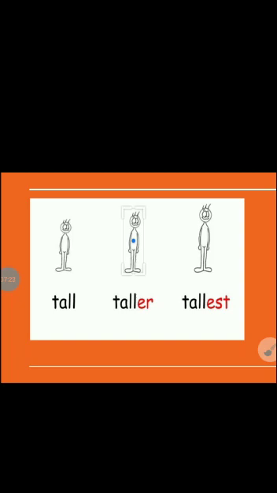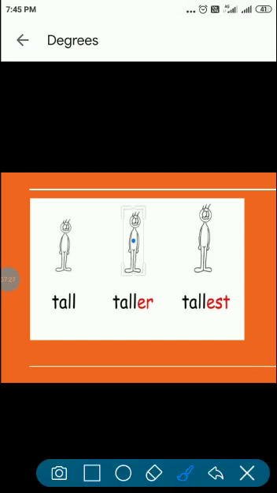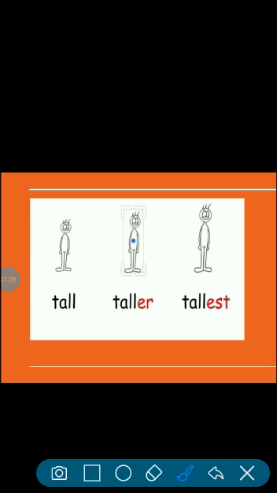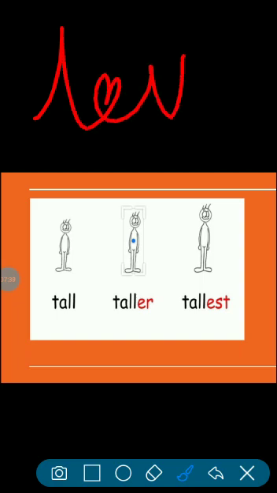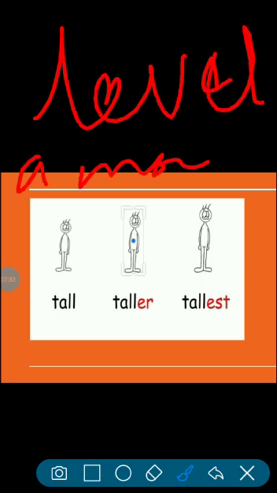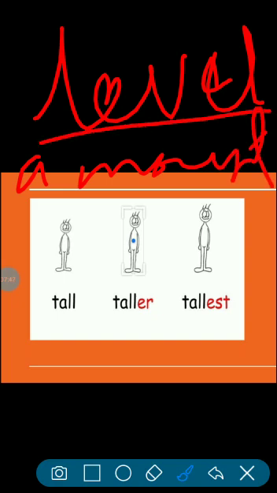Here is a word, tall. Suppose somebody is tall. Many of your friends, or maybe yourself, are tall. So remember the level or the amount, okay? The amount of tallness, the level of tallness.